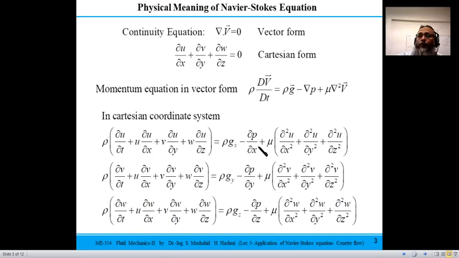One assumption is constant density, another assumption is constant viscosity, and here we have only included one body force, that is the gravitational force.